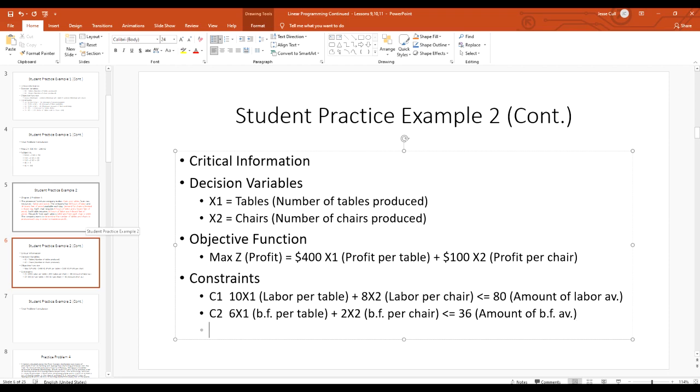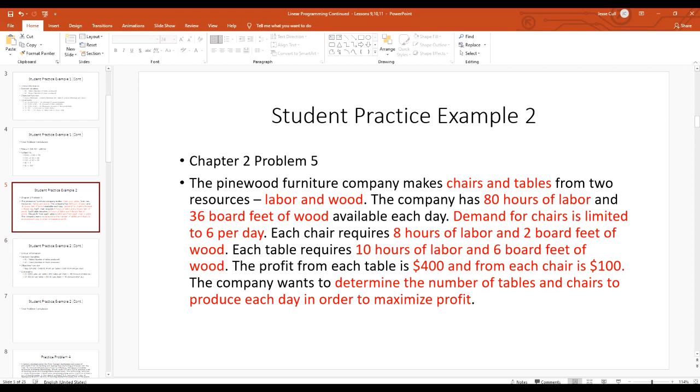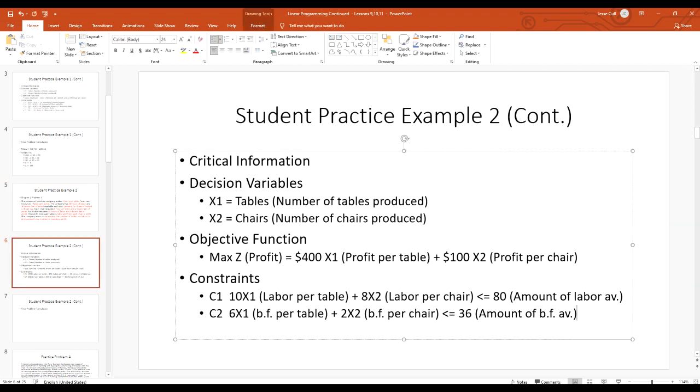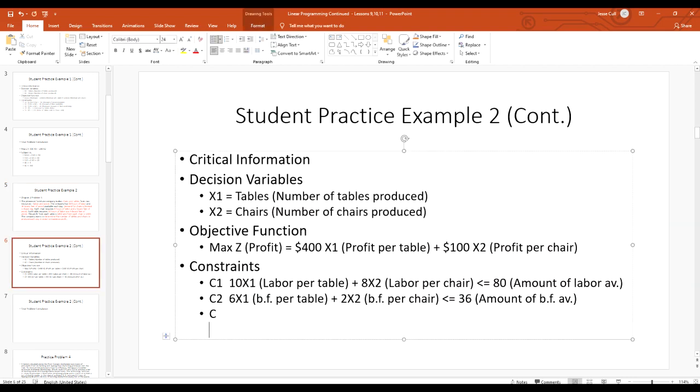So we come back to our natural language question and we check, are there any other limitations? We see one here. Demand for chairs is limited to 6 per day. So chairs is x2. So our third constraint becomes x2 must be less than or equal to the 6 we can sell daily.